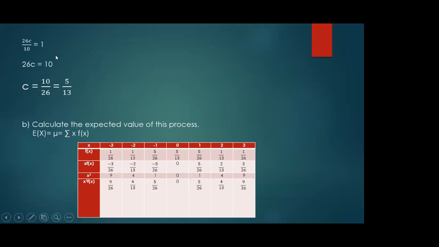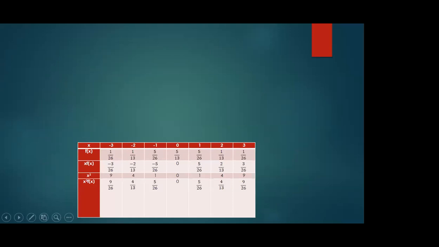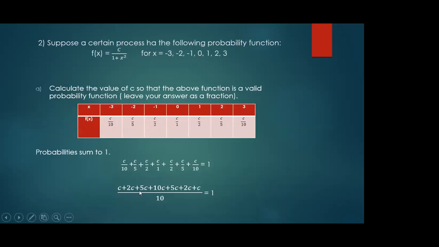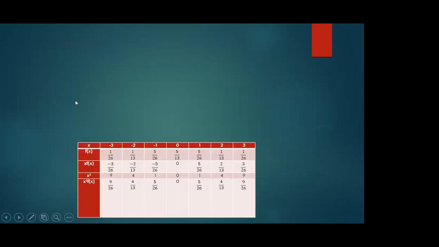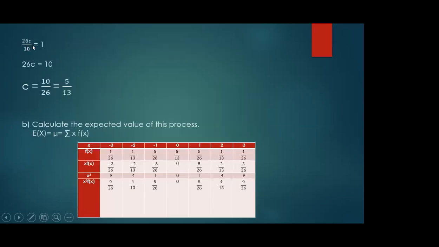After that, you can add up your values. So C plus 2C plus 5C plus 10C plus 5C plus 2C plus C is going to be equal to 26C divided by 10, which is equal to 1. We can cross multiply and we get 26C is equal to 10.